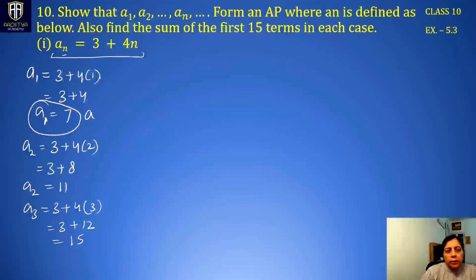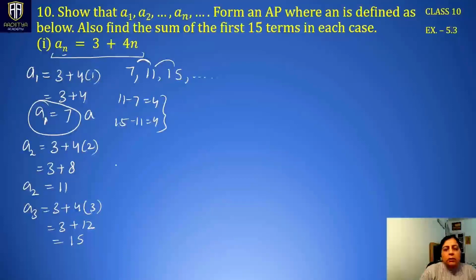So a1 is 7, a2 is 11, a3 is 15, and so on. By just finding 3 terms of any sequence, we can check whether it is an AP or not. Take the difference. 11 minus 7 is 4. 15 minus 11 is 4.